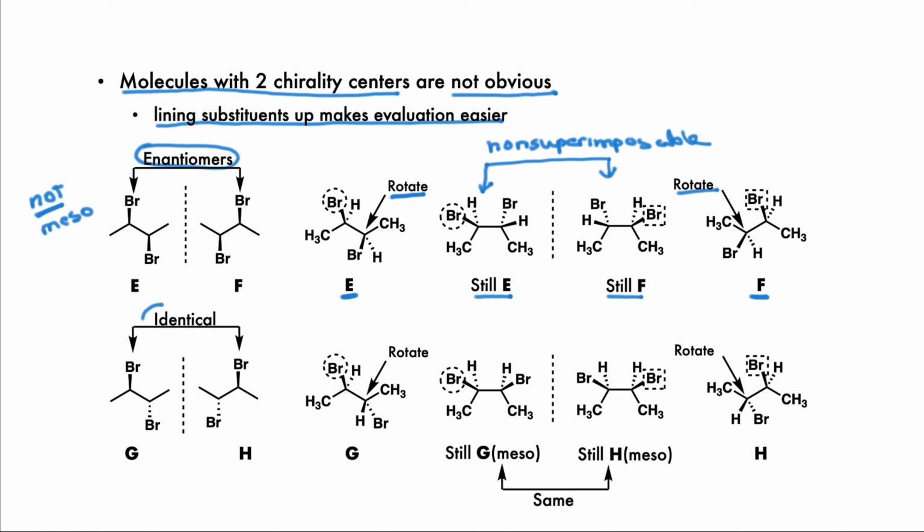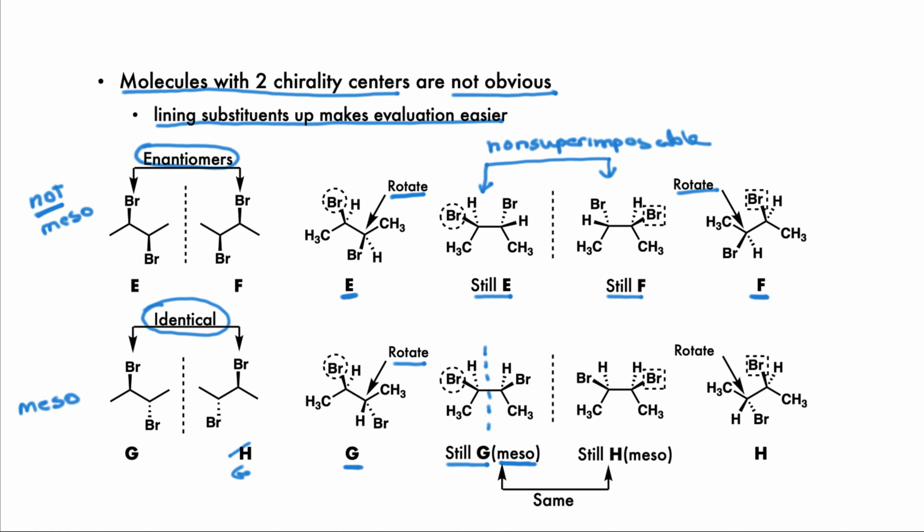G and H are in fact identical, and so they are both G. G is a meso compound, which is not obvious from the bond line structure. If we draw the Lewis structure of G and rotate the right-hand carbon, we get this molecule, which is still G. You can see that all the substituents line up, and there is an internal plane of symmetry.